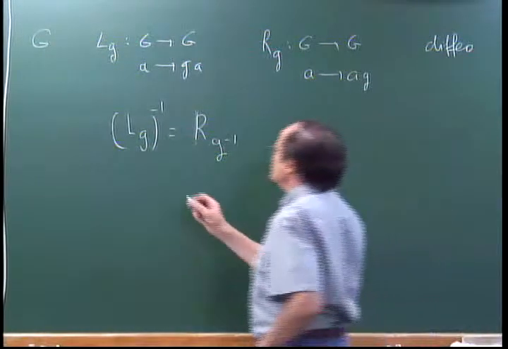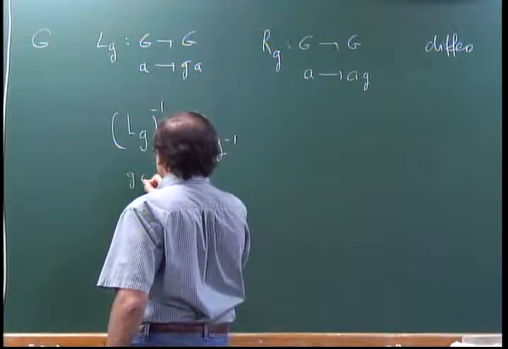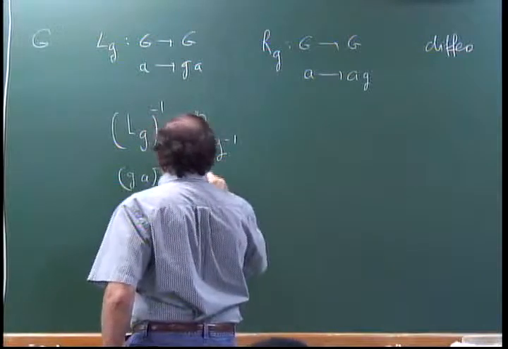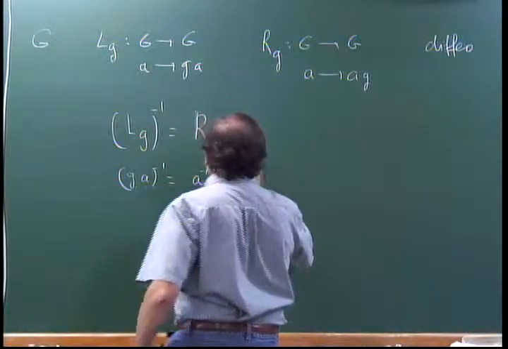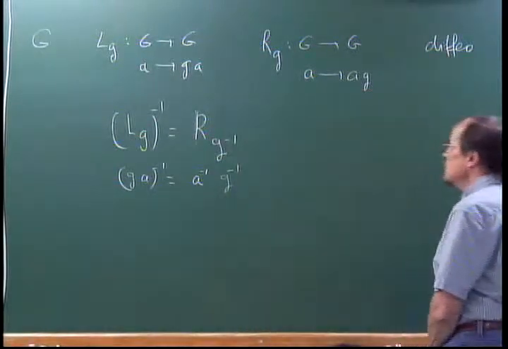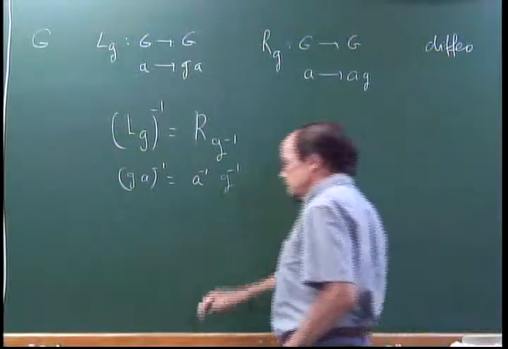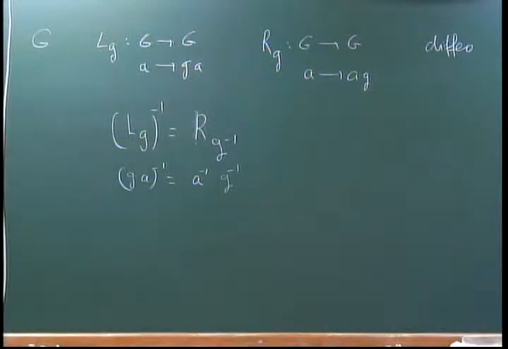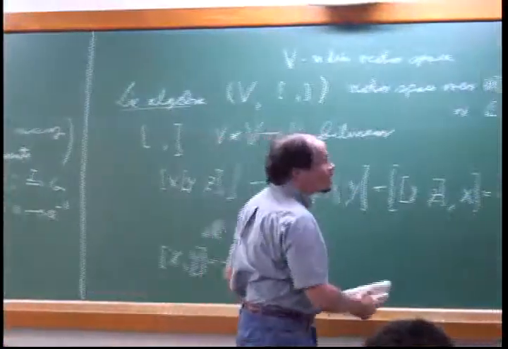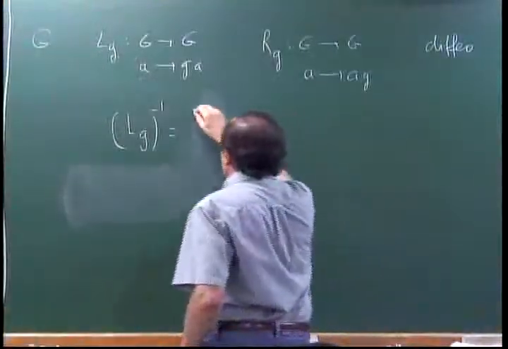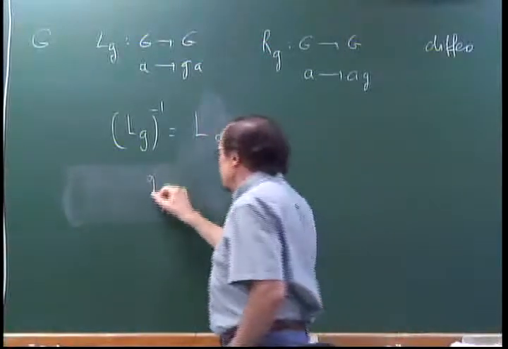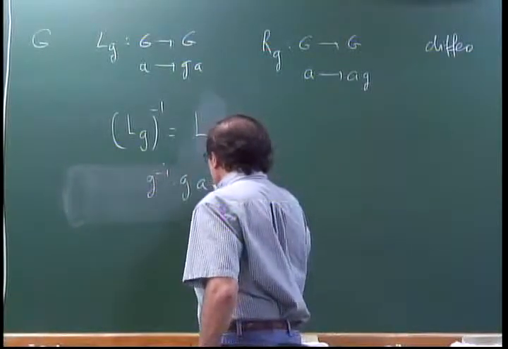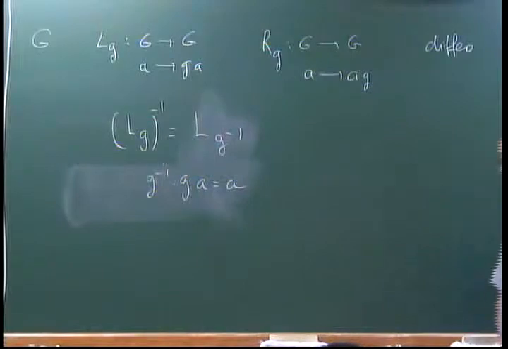Is that right? A goes to gA, so if I take gA, then A inverse, g inverse. What am I doing wrong? No. It's L_{g inverse}, of course. Right, g inverse times gA is equal to A. So the inverse of L_g is L_{g inverse}.